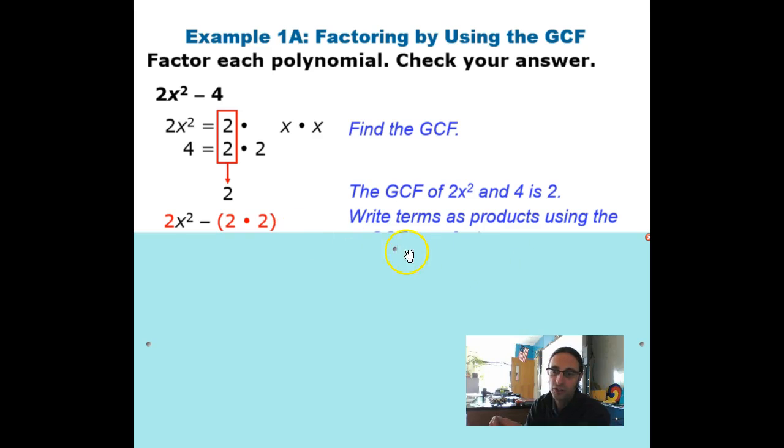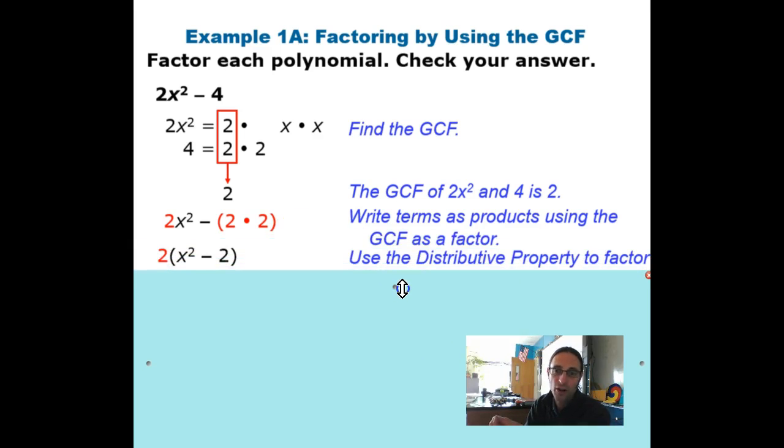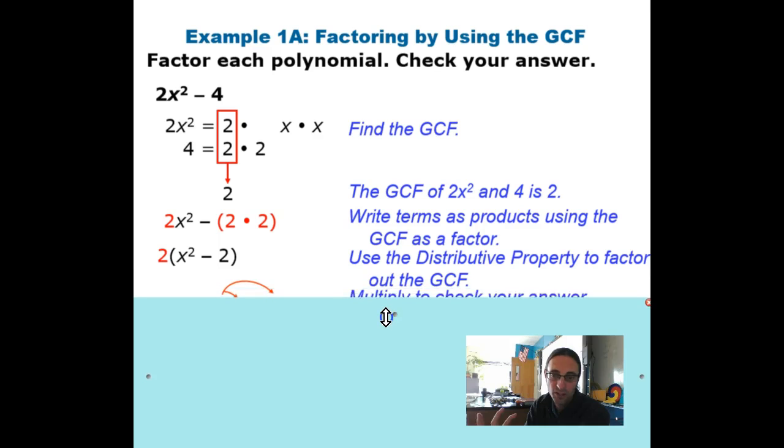So I'm going to take a 2 out of 2x squared, and I'm going to take a 2 out of negative 4. And essentially what I've just done is I've undistributed. Basically, I've divided each of these by 2 to get what's found inside the parentheses.